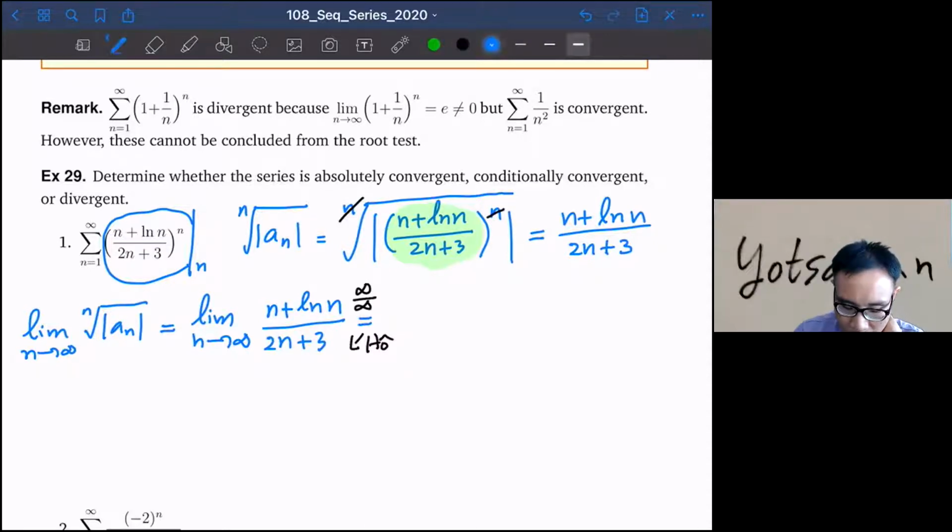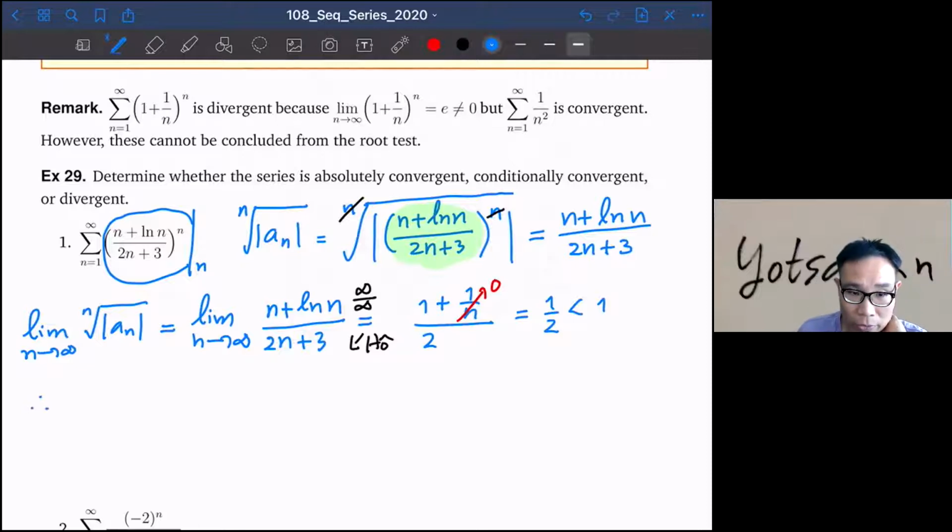You differentiate the top, log n, you get 1 over n, and the derivative of 2n plus 3 is 2. And when you take n to infinity, this turns out to be 0, and the limit is equal to 1/2. The limit is less than 1.